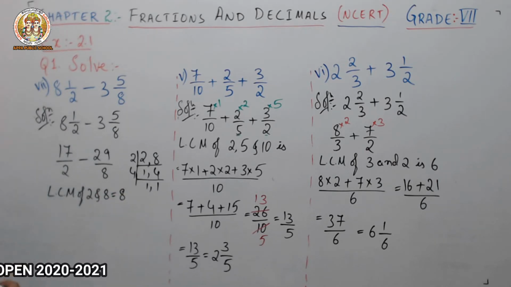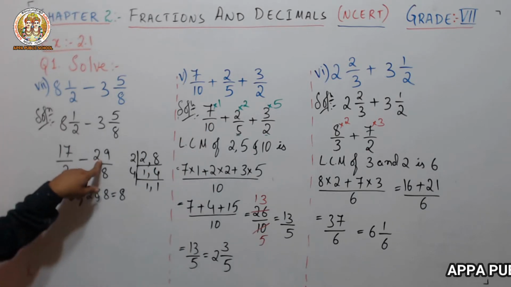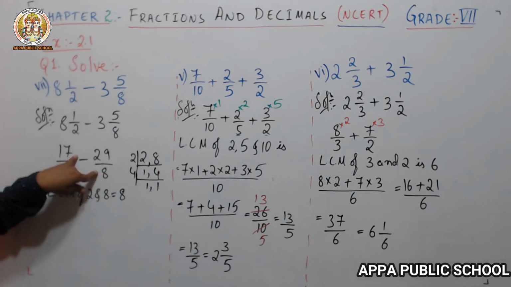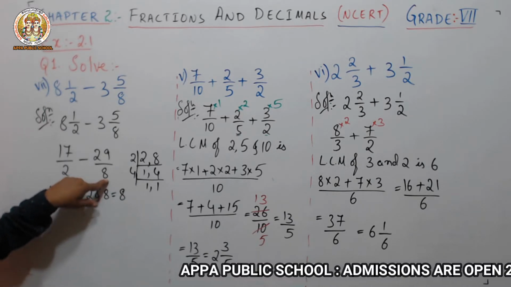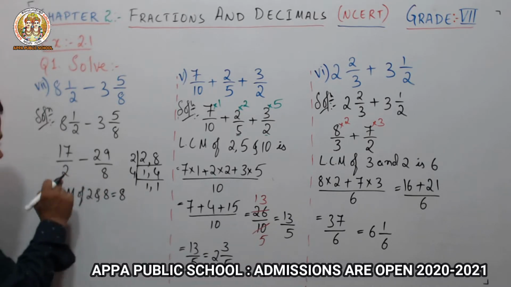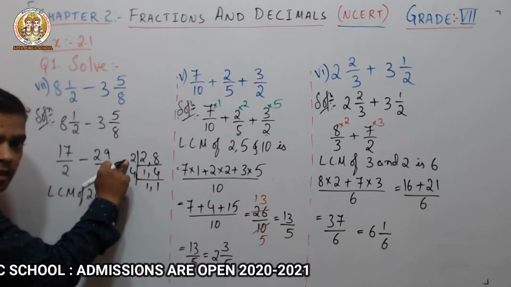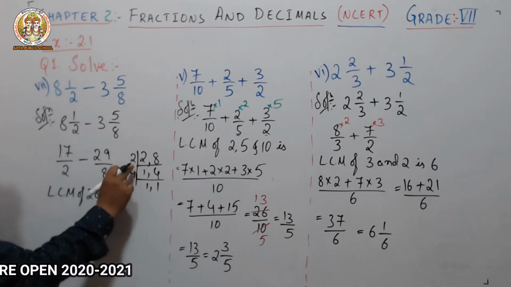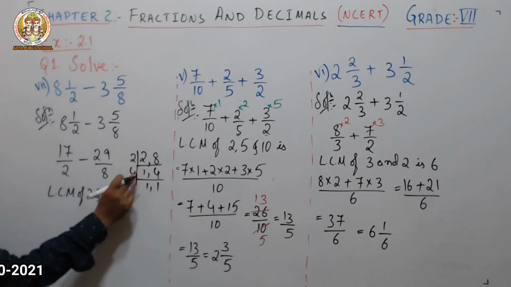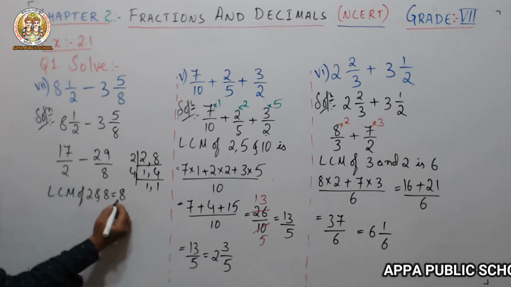Because in the fourth question I said to cross multiply. But here the numbers are even numbers, in the sense that they come in the same table, 2 and 8. As a result, better you go for LCM instead of cross multiplying here. 2 1s are 2, 2 4s are 8. 4 table, 1, 1. So the LCM of 2 and 8 is 8 only.